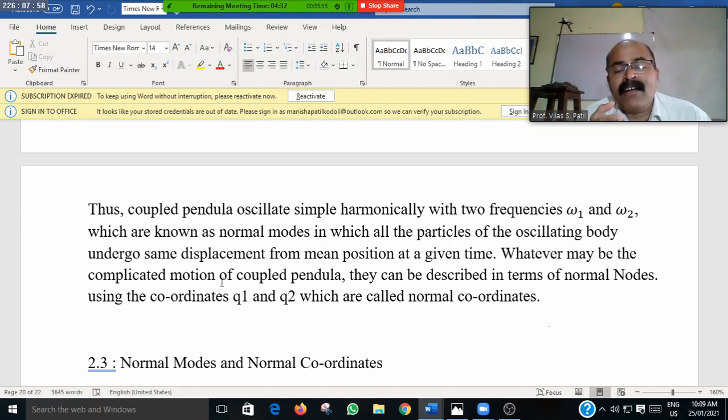That is, the coupled pendula oscillate simple harmonically with two frequencies omega 1 and omega 2, which are known as the normal mode, in which all the particles of the oscillating body undergo the same displacement from the mean position at a given time. Whatever may be the complicated motion of the simple pendula, they can be described in terms of the normal mode.